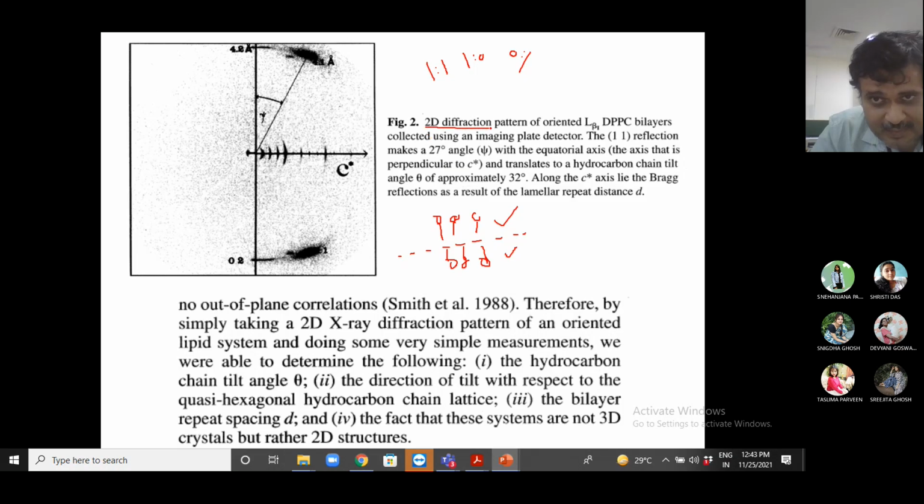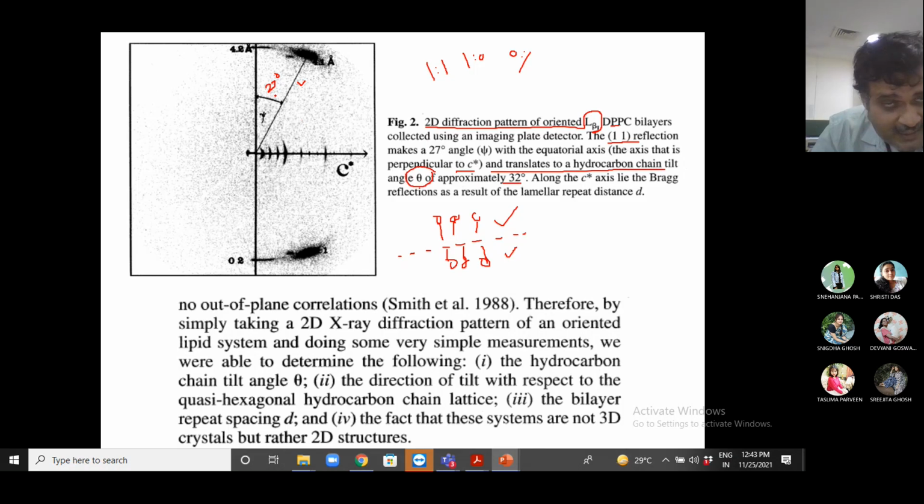This is the 3D diffraction pattern obtained from L beta 1, a particular phase of this DPPC bilayer, collected using an image plate recorder. The 1 reflection, this one, is making a 27-degree angle with the equatorial axis. This is the equatorial axis, the axis that is perpendicular to the C star axis, and it translates to a hydrocarbon tilt angle theta, which is around 32 degrees.